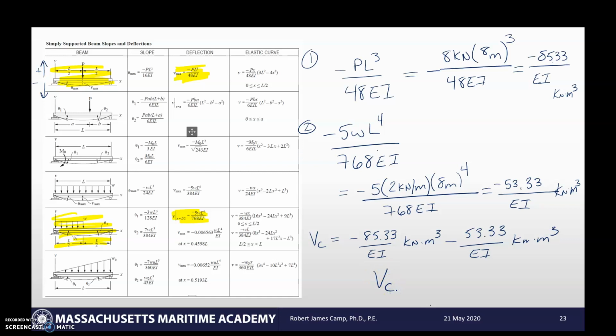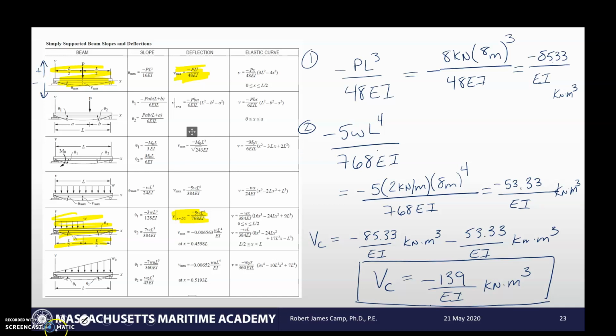So the vertical deflection at C, due to condition 1 overlaid with condition 2, is going to be negative 139 over EI, kilonewtons meter cubed. That's it. We're just matching one picture with the other picture.